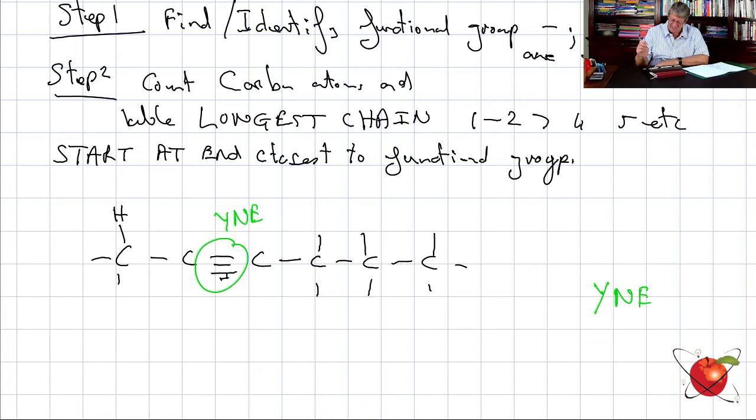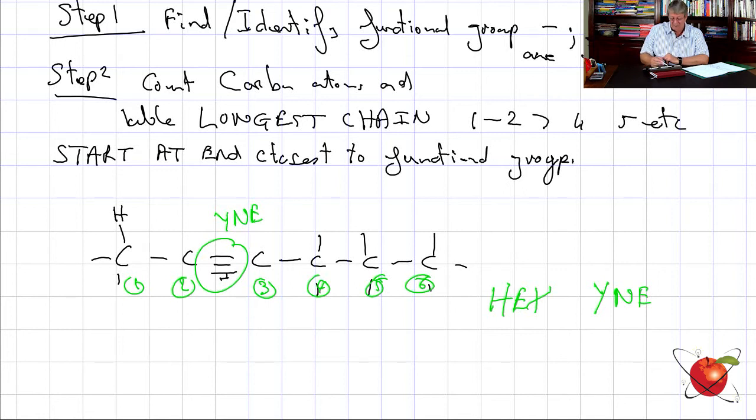Then I say, okay, how many carbons? Count them. 1, 2, 3, 4, 5, 6. So it's going to be a hex. But I label it from the end closest. 1, 2, 3, 4, 5, 6. Hexane.